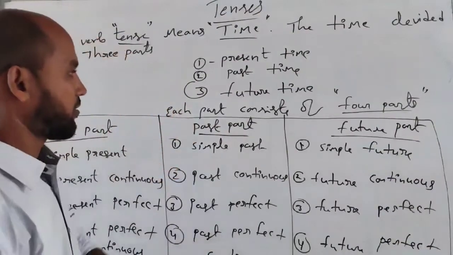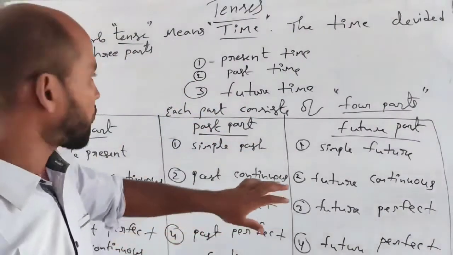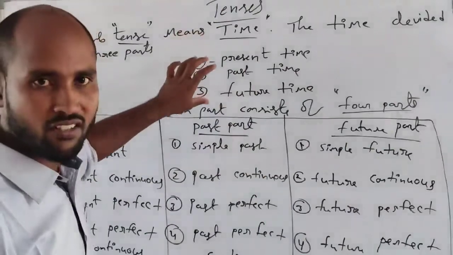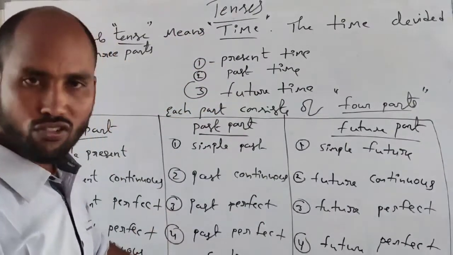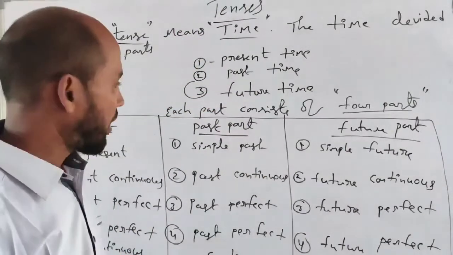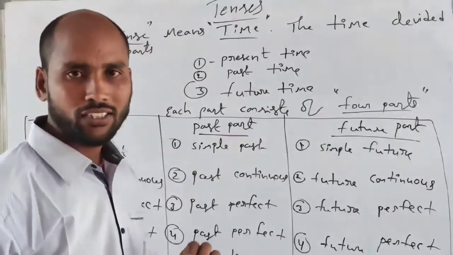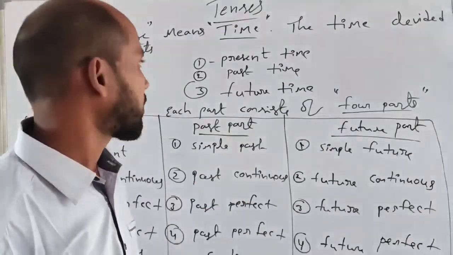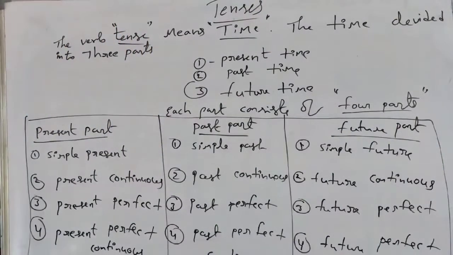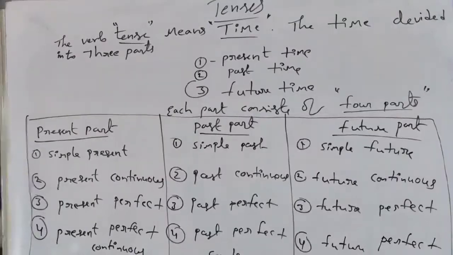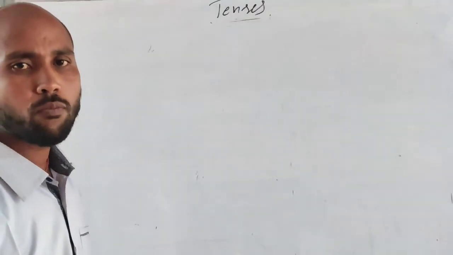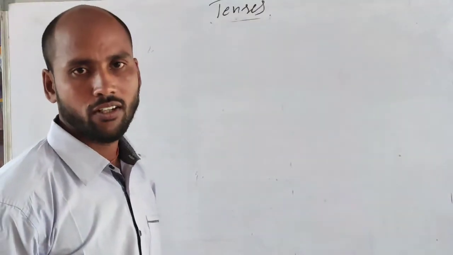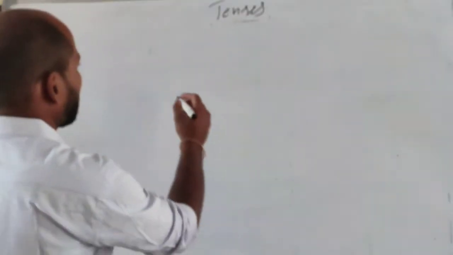Totally, the tense consists of three parts, and these consist of 12 parts. I will describe each part in this chapter. In the first part, I describe the simple present.